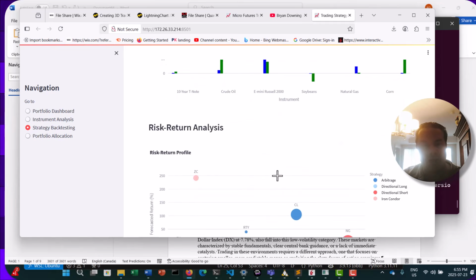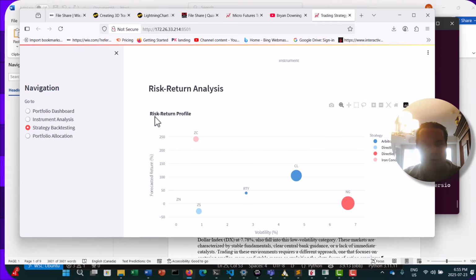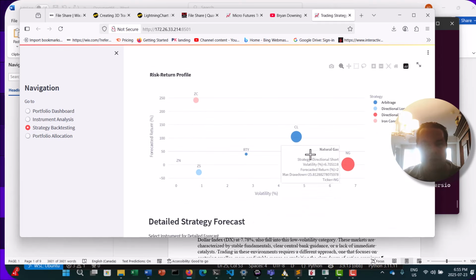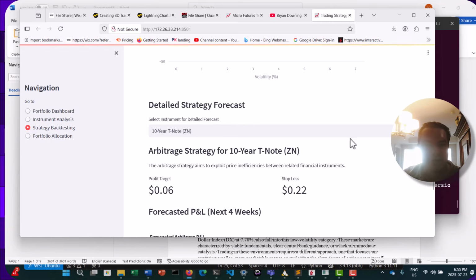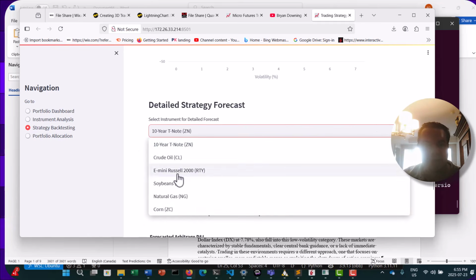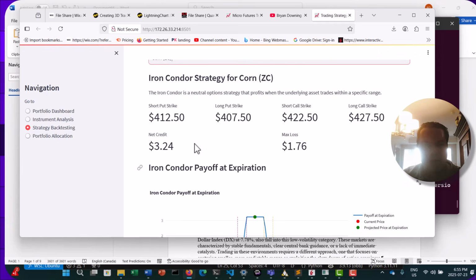So I can go through the risk reward or risk return as well. You have here CLZC as well. Here we have the detailed strategy forecast. If I go back to corn, here's what's projected.